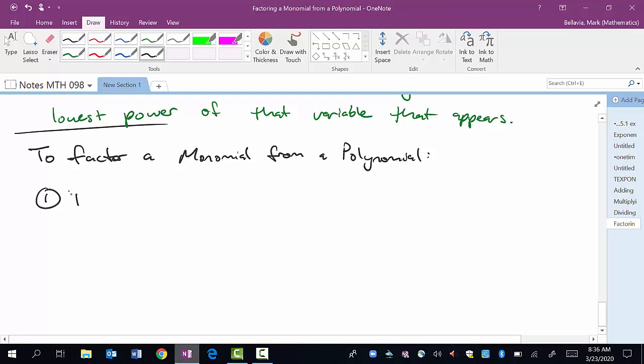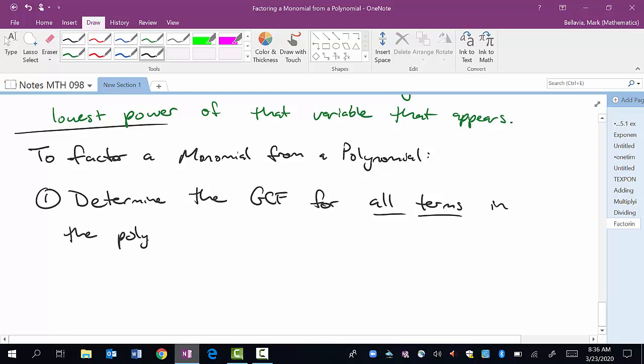First thing you want to do is determine the GCF, greatest common factor, for all terms in the polynomial.